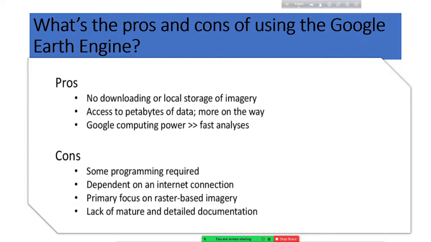You need to know some programming, and it depends on your internet connection because it is a cloud-based platform. It primarily focuses on raster-based imagery, and it lacks mature and detailed documentation. But this time I will try to provide you all of this documentation so that you can easily understand Google Earth Engine very quickly and efficiently.